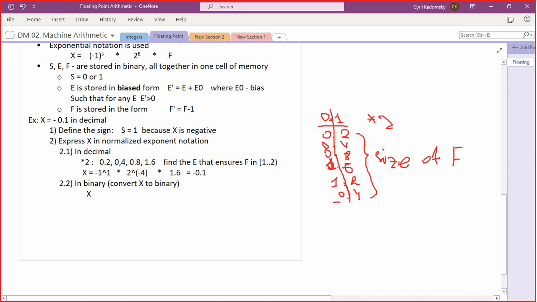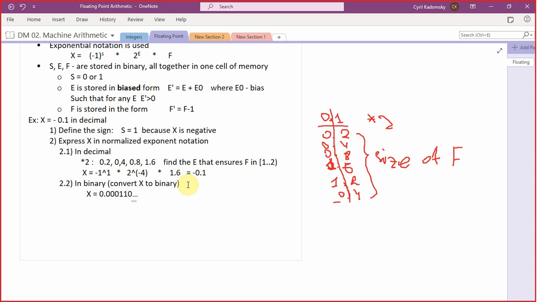Our x is 0.0001110, and then actually the fractional part may continue, but we will use only the most significant digits. How many of them depends on the length of the fraction that you have in your number. Okay, so this is a presentation of x in binary.